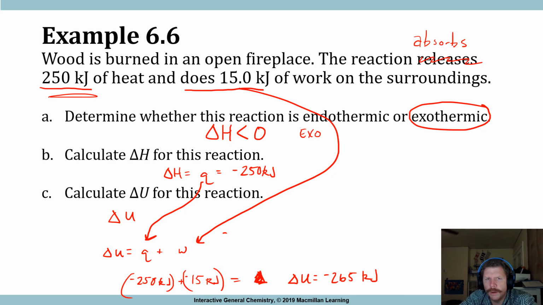We're going to do one more practice problem next. Never mind, we're not going to do one more practice problem. Really what I wanted to do is use this as an opportunity to bring back our equations and to look at those and think about what those are. Work is equal to negative P times delta V. So negative pressure times a change in volume.